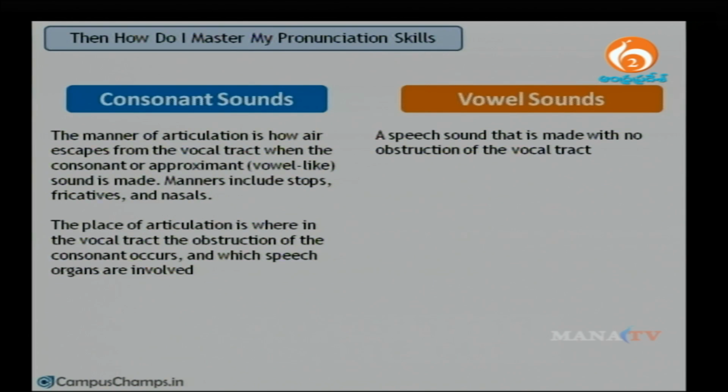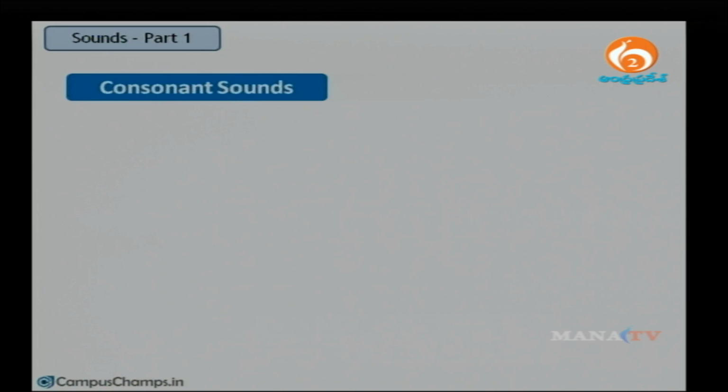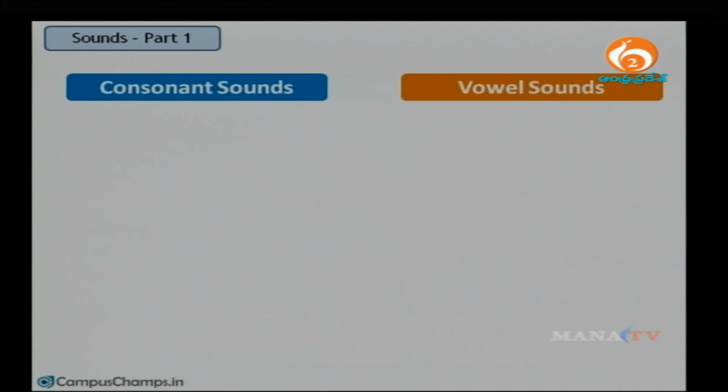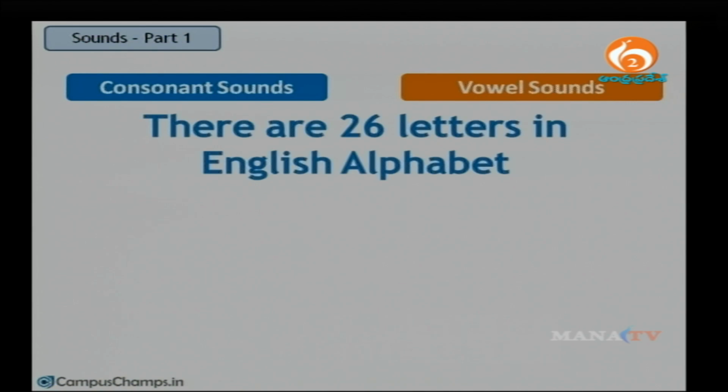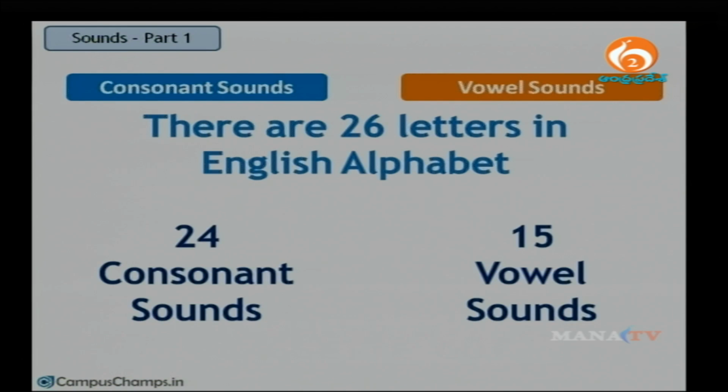So, now we need to understand what we mean by consonant sounds and what we mean by vowel sounds. Okay? We all know that there are 26 letters in the English alphabet system, but there are 24 consonant sounds and 15 vowel sounds. Please remember, when we speak about oral communication, the sounds are different from the letters.